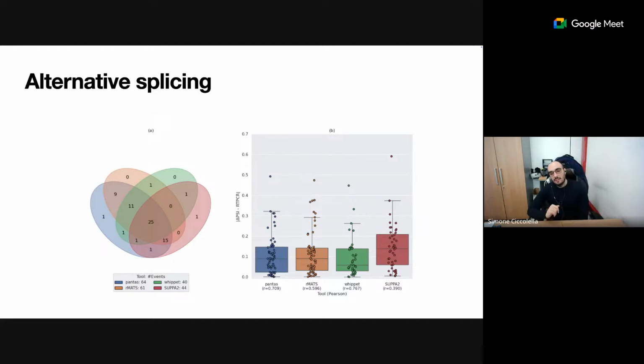This is all good. The main drawback for now is that these methods rely on having a splice alignment to a sequence graph, or to a pangenome graph, let's say. And currently, there is only one method that allows to do so, which is VG-MPMAP. And that method requires a lot of resources.